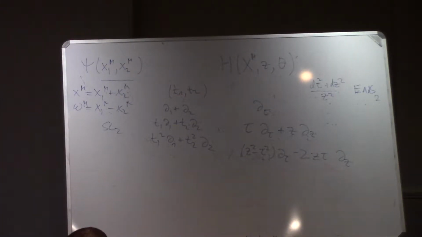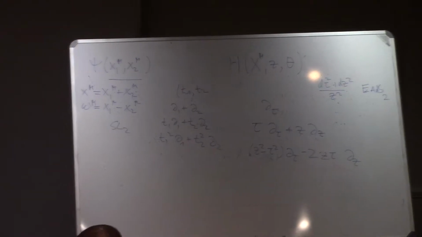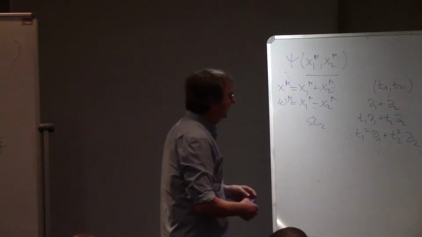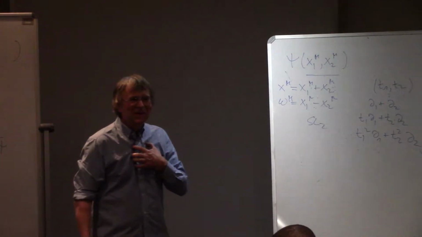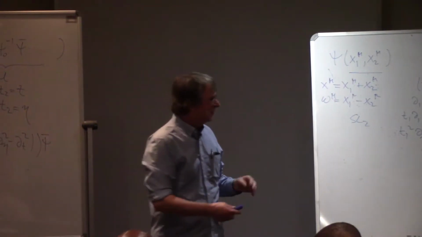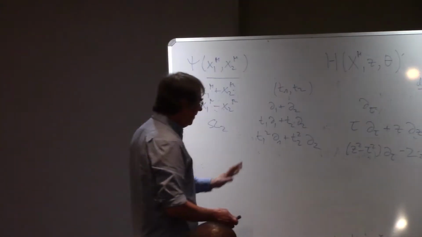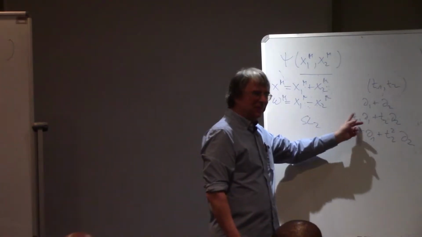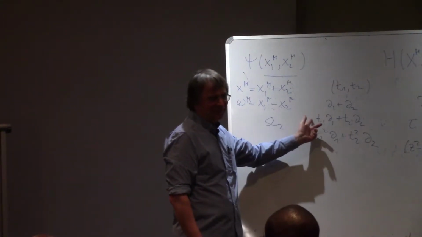I misled you because there is no such change of variables. It doesn't exist. What I should have done, which is the correct thing to do, is the opposite of what I had done. This is the coordinate space and the momenta derivatives of coordinates.